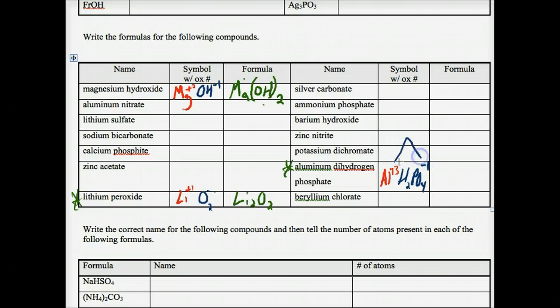My lowest common multiple between 1 and 3 is 3. I have to get my compound to meet at 3 charge-wise to be equal and opposite, to be neutral. So I only need 1 aluminum, and 3 H2PO4s in order to meet at -3. Each one of them is -1, so 3 individual H2PO4s will be -3. Alright, so I'm neutral.